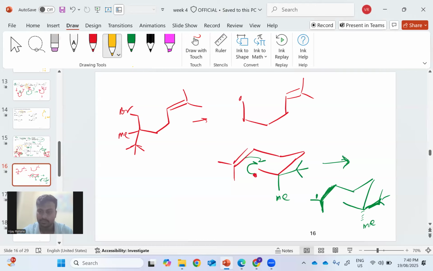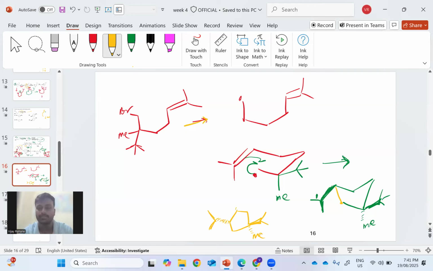So this is the newly formed bond. Now if I draw this structure in the 2D manner, this is the tert-butyl group, this is the methyl group, and at this position there will be a downward directing isopropyl group, right? So this is how the stereochemistry looks in this case.